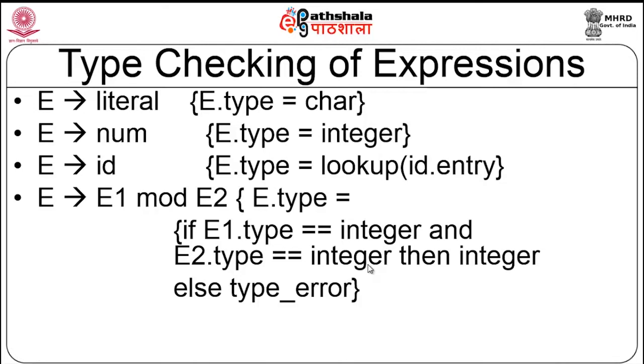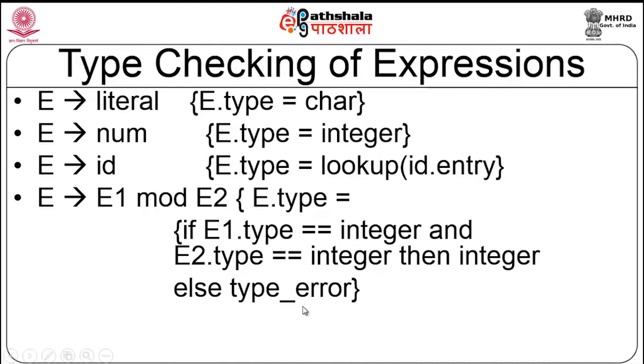The mod operator's result will be a remainder after computing division, so it returns integer as the type, and that is assigned to the LHS expression E as its type. So the left hand side type depends upon the validity of the types of E1 and E2; the LHS will be assigned a type, in this case integer, or if this is not satisfied, for example if E1 is real and E2 is an integer, or vice versa, or both are real or both are characters, something like that, then this will not be satisfied.